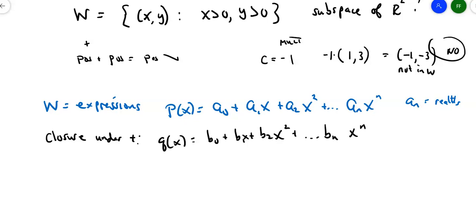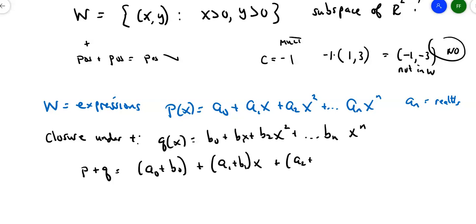All right, what is the sum? p plus q is going to be a sub 0 plus b sub 0, plus a sub 1 plus b sub 1 times x, a sub 2 plus b sub 2 x squared, until I get to the very last term, a sub n plus b sub n x to the n. Yes, this is in that form that we want, right? Same form. It's a polynomial.